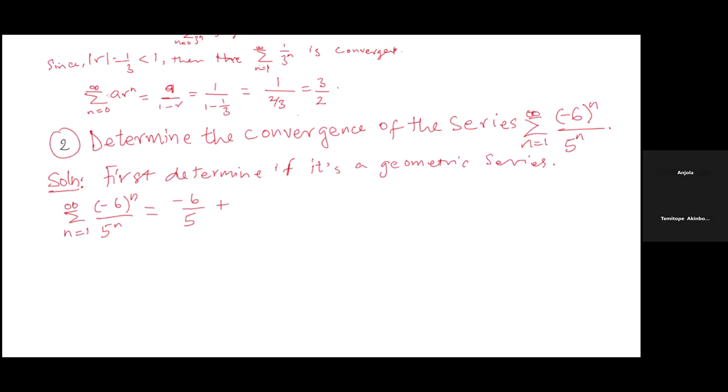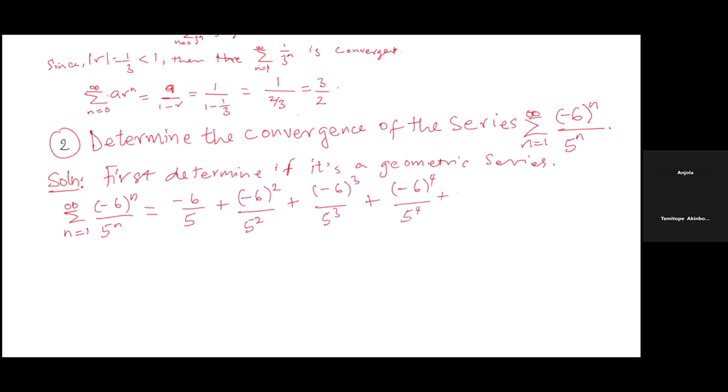If n is 2, we have minus 6 raised to power 2 over 5 raised to power 2, plus, when n is 3, minus 6 raised to power 3 over 5 raised to power 3, plus, when n is 4, minus 6 raised to power 4 over 5 raised to power 4, plus, and so on.